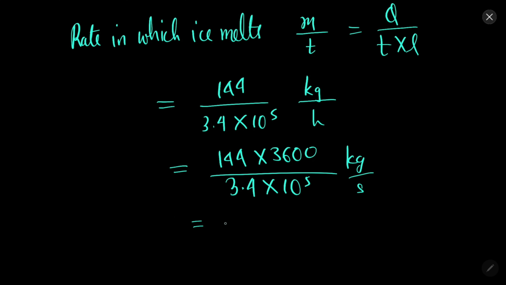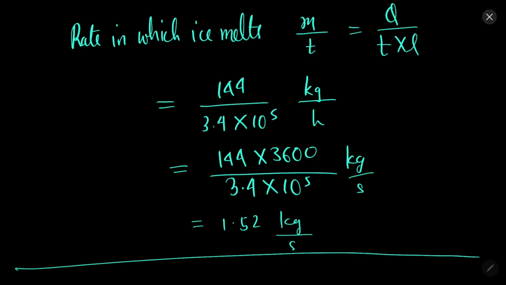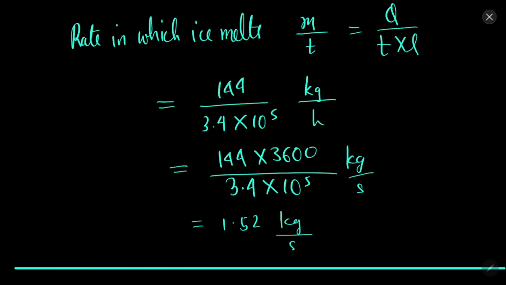So it will give us 1.52 kg per hour. So per unit time this much ice will melt.